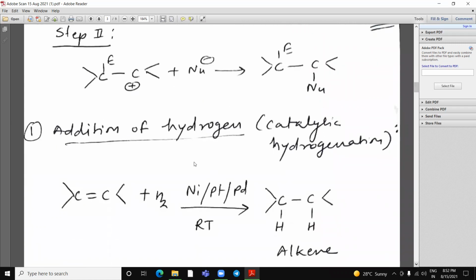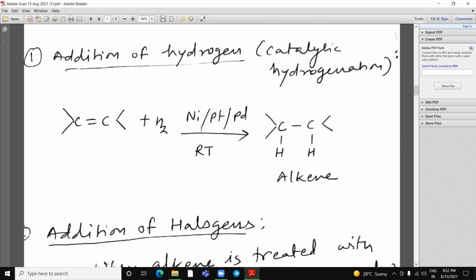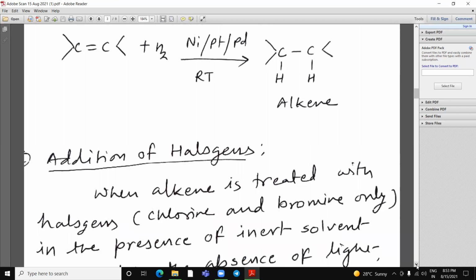For example, addition of hydrogen, catalytic hydrogenation. See here, when hydrogen is added in presence of catalyst, it may be nickel, platinum or palladium at room temperature, then we will get the alkane product.